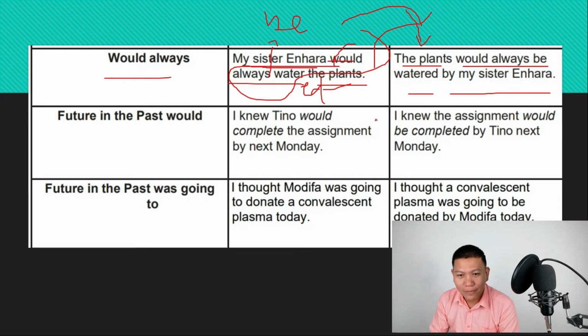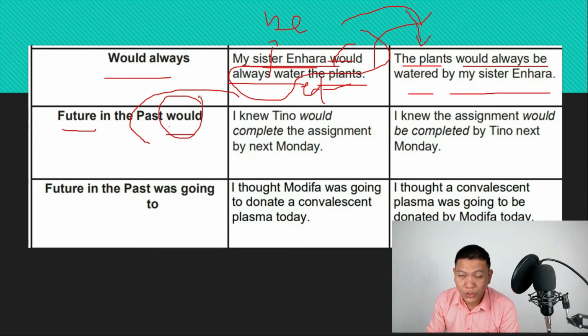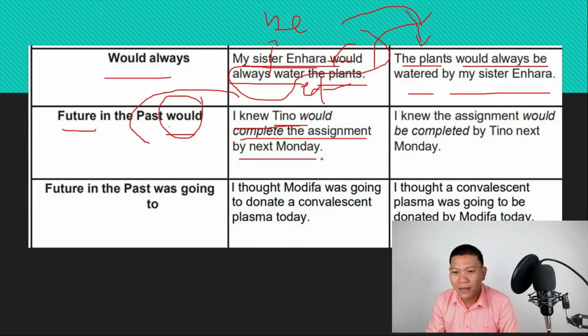For future in the past, would. It's future tense, but it's in past would, because instead of will, we would use its past form would. Don't get confused, okay? I knew Tino would complete the assignment by next Monday.